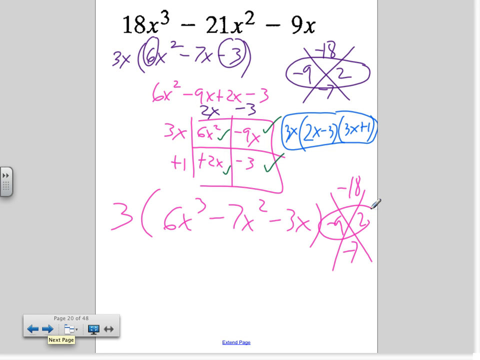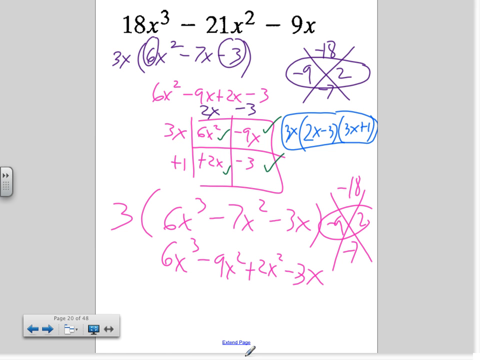You put them in the box, or when you rewrite it, it's going to be 6x cubed minus 9x squared plus 2x squared minus 3x. You see how it changed the term? This becomes negative 9x squared, and this becomes 2x squared minus 3x. You see how it's a little bit different here?